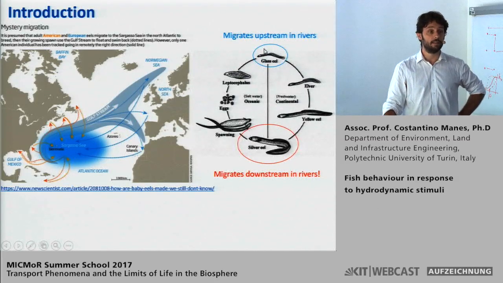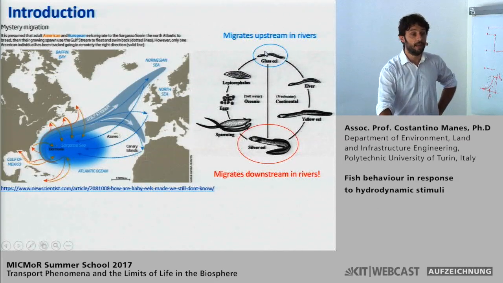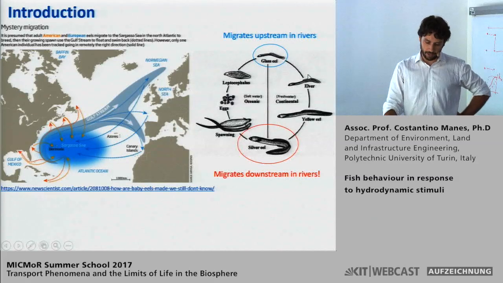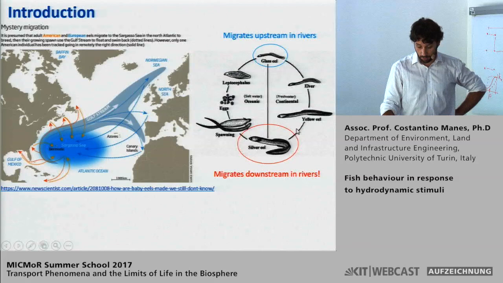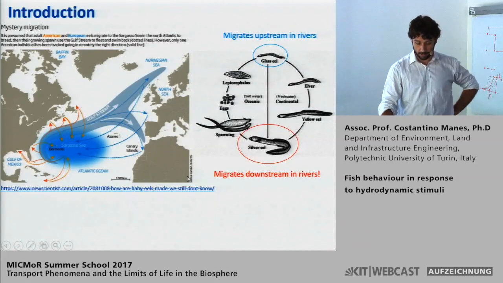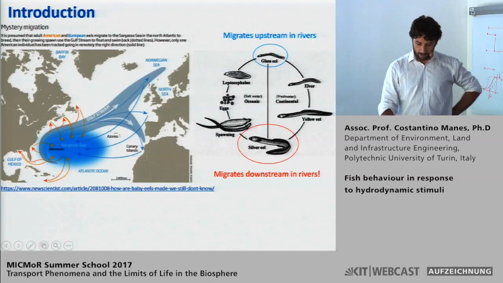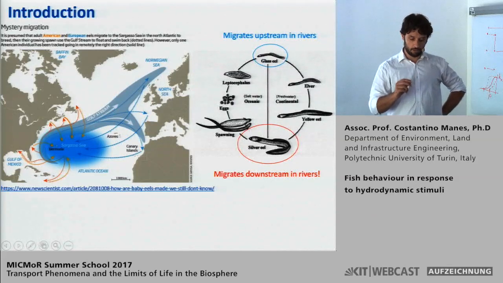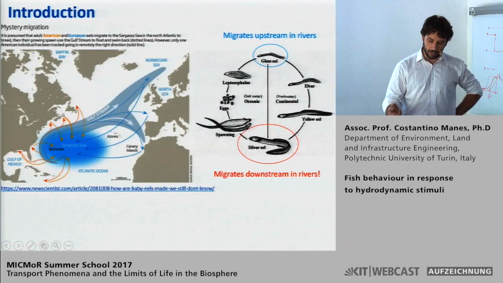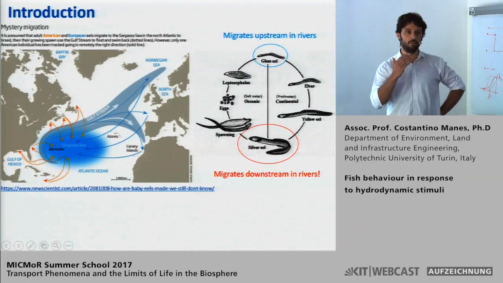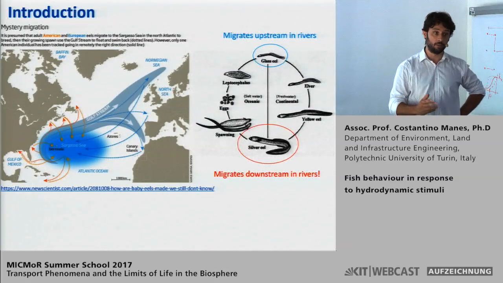That's when they start migrating upstream. While they migrate and live in the fresh water, they become elvers and then yellow eels, so they grow larger and larger until they get this silver color, become what is called silver eel, and then they have instinctively the need to migrate downstream and to go back to the ocean.